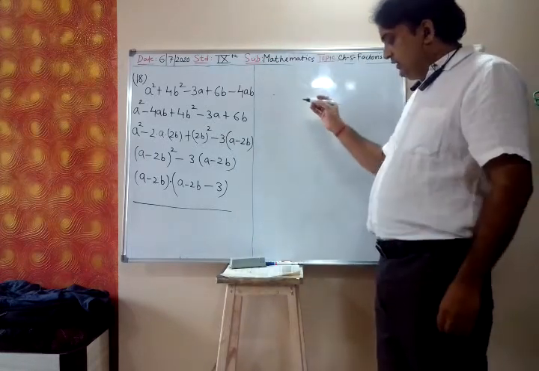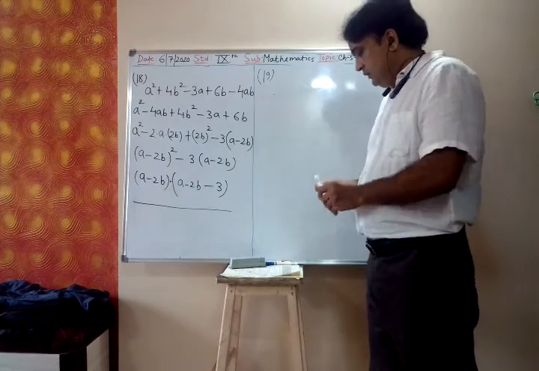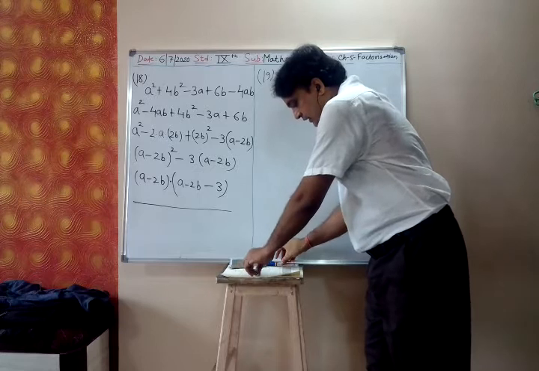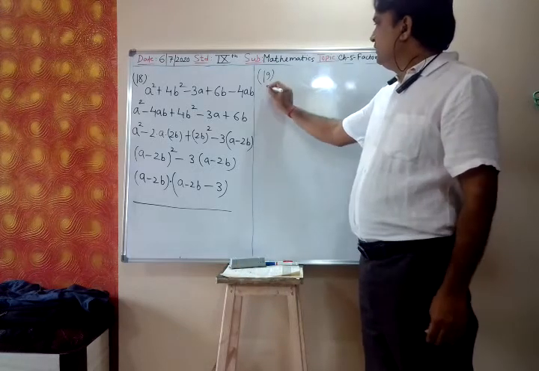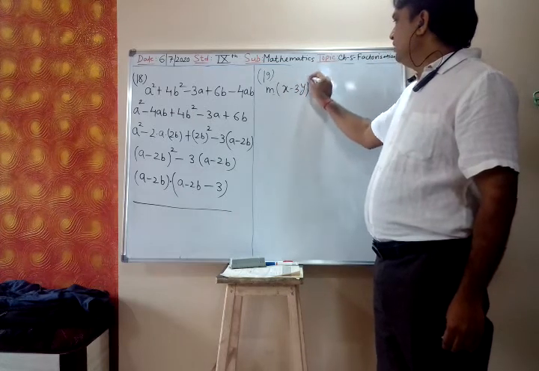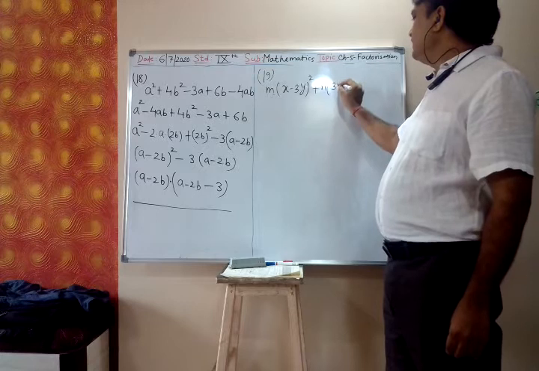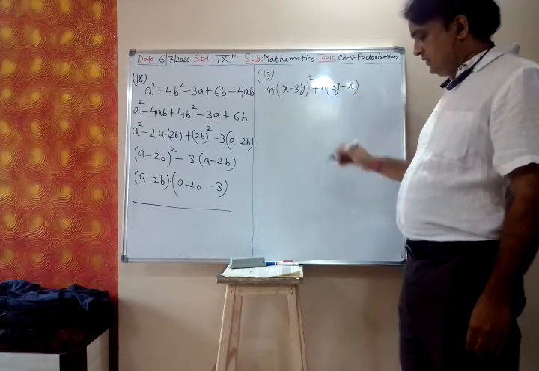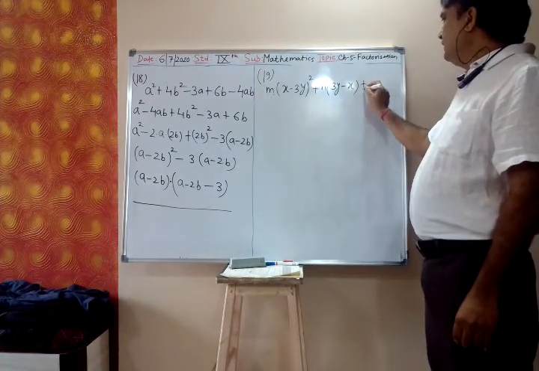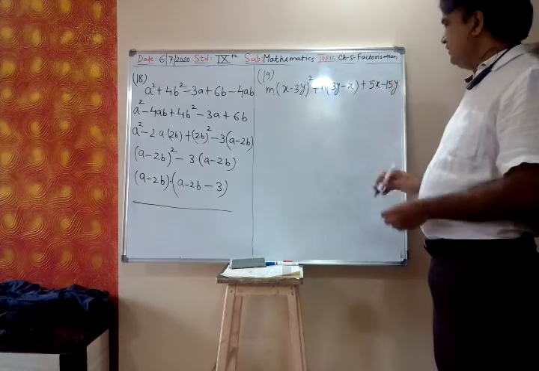Let us write 19: m into x minus 3y whole square plus n into 3y minus x plus 5x minus 15y.